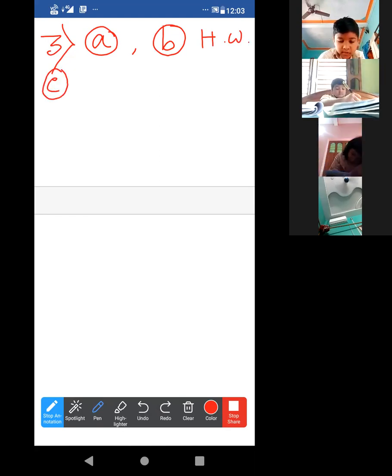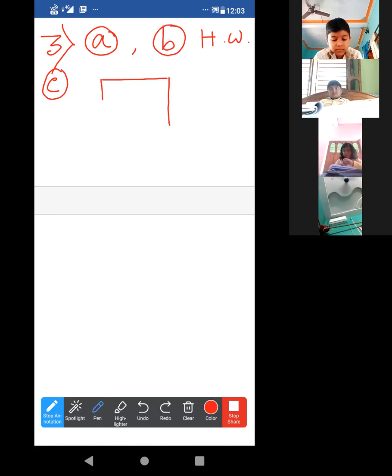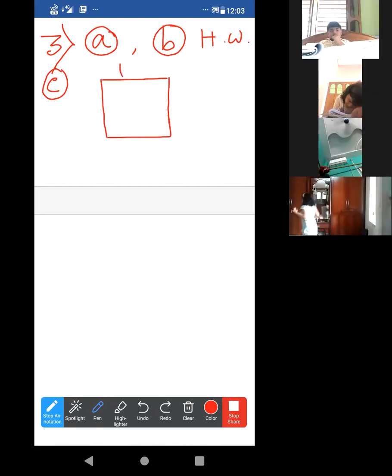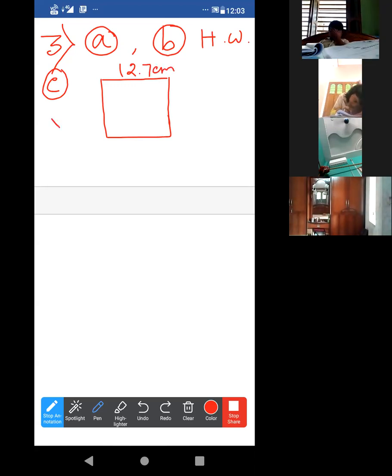Find the perimeter of the square whose side is given. The square whose side is given is 12.7 centimeter. All of you draw the square. It is 12.7 centimeter. Do it first.